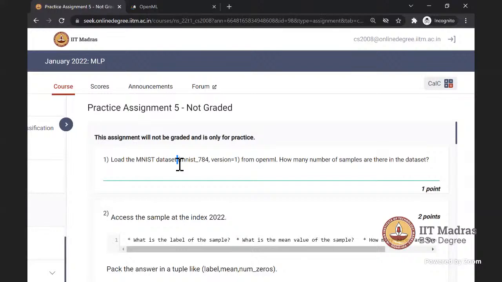Yes, they gave one small API which automatically pulls it. But for OpenML, you should know which data set and which version, because MNIST 784 can come with another version like MNIST 800. If you want 800, you need to pull it, because the second data set is already preloaded. That's the reason. Okay, so we just have to be specific about the data that we are using.